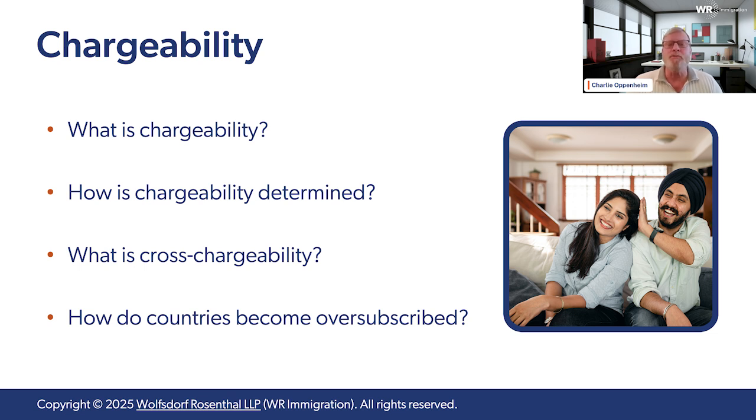This cross chargeability was originally done because you had a lot of people abroad earlier on because of government work, or they were missionaries or whatever. They would be in a country not of their own free will, and they would have a child that was born there, and therefore, instead of the child being charged against that country, if it was not favorable, they could use the parents' chargeability.